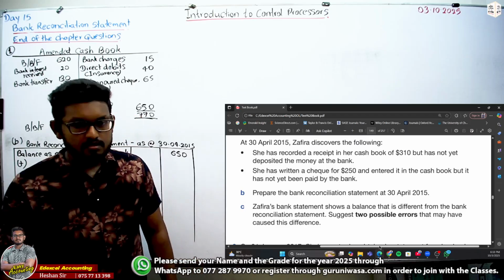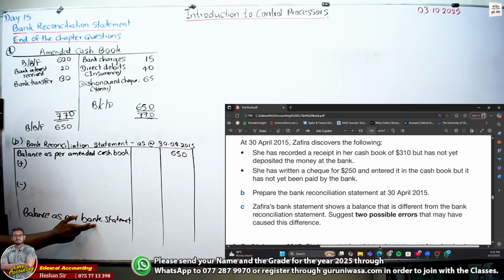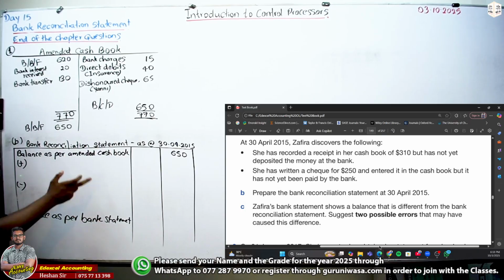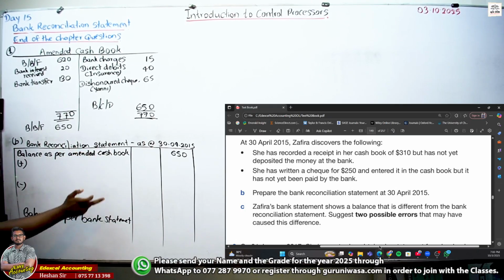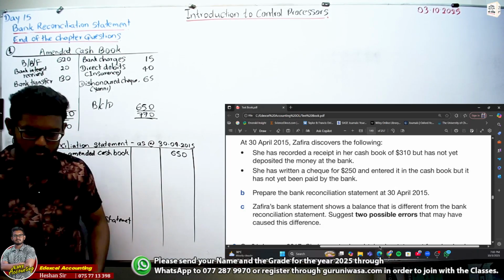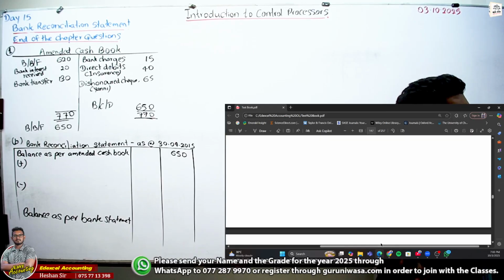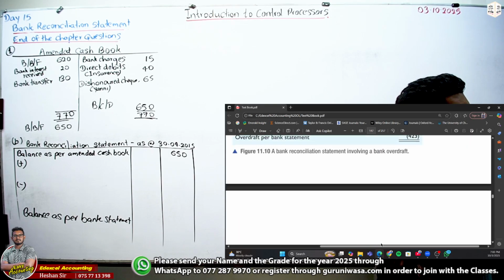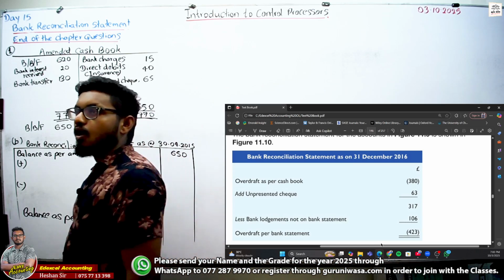Not appearing means the bank statement is lower, right? Lower means this is 90, and this is debited, which means added, so 100. From 100 to get 90, we need to deduct how much? 10. Understand? So this is the bank lodgement I told you about previously. You can remember this: bank lodgement not on bank statement.